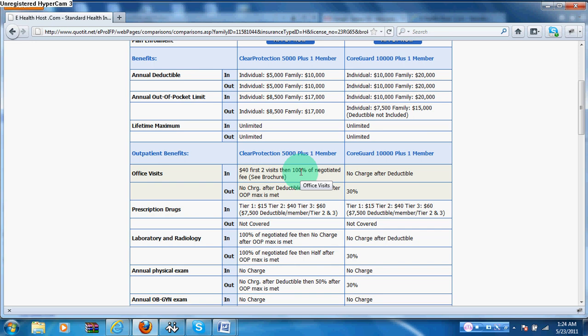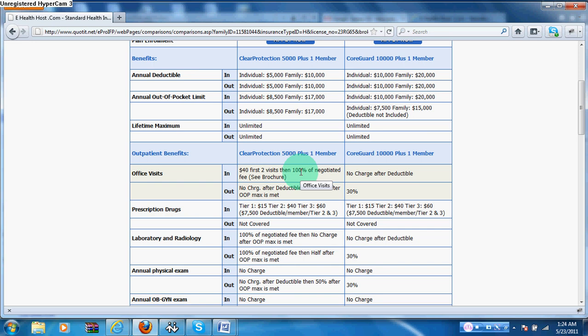So if you wanted to go see the doctor after those first 2 visits, you may have to pay 20 or 40% of whatever that doctor visit normally is. And a normal doctor visit, like I mentioned, is just about $100. So you may be left with a pretty decent bill.